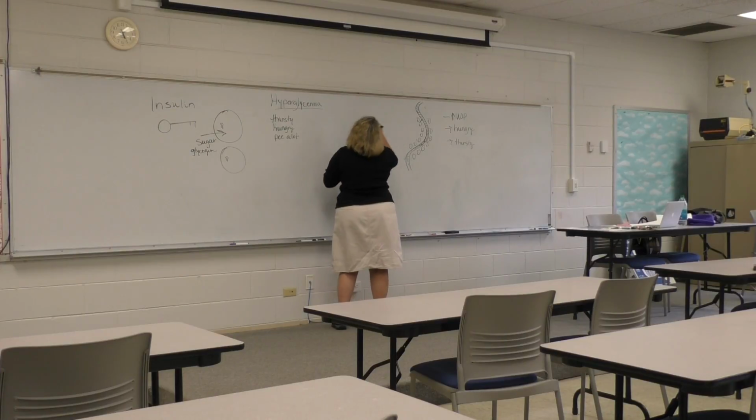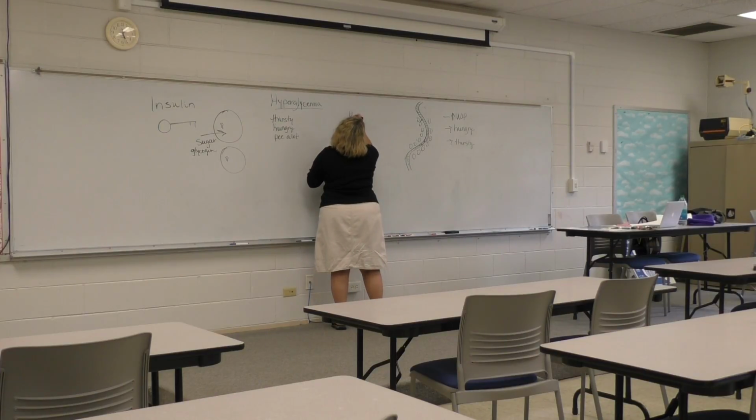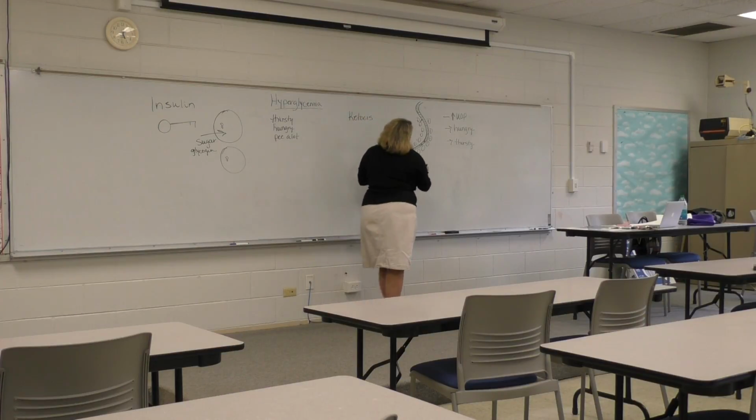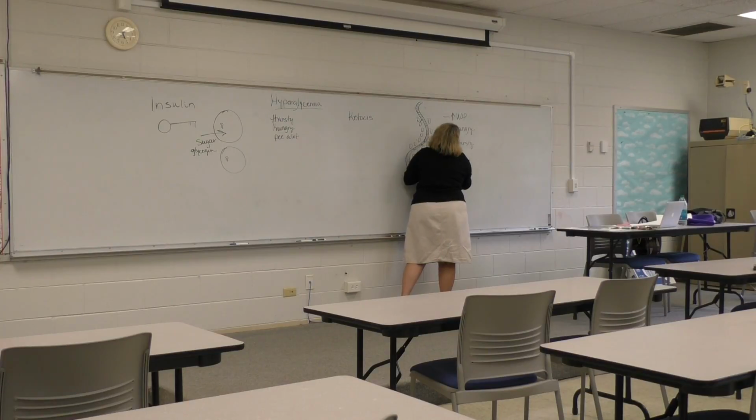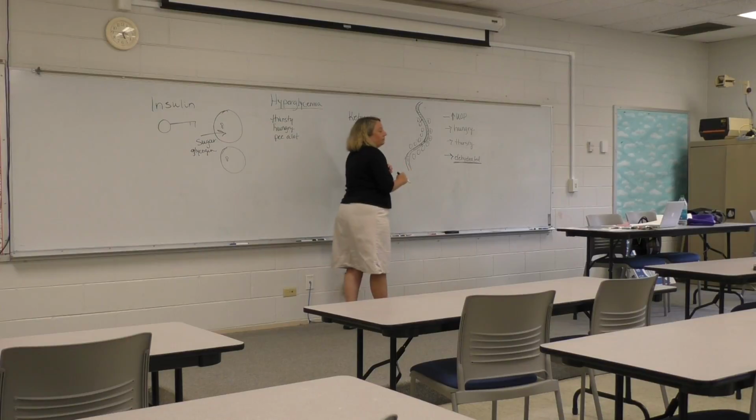So they've got just enough insulin to prevent ketosis, but they still have enough sugar in here to make them dehydrated. Type 1's get dehydrated.